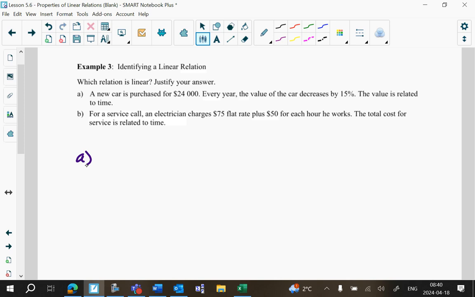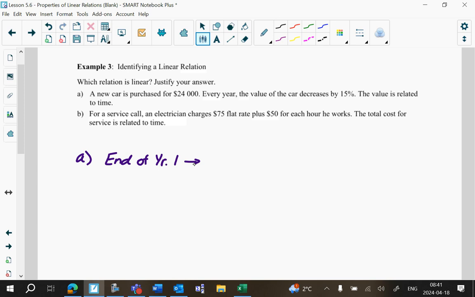So we want to see if this is a linear relation. Like every year, does it go down the same amount? As we increase by 1 year, does the value go down by the same amount? So what we want to do is see, what's the value of it at the end of year 1? Well, to find that, I have to take 15% of 24,000.